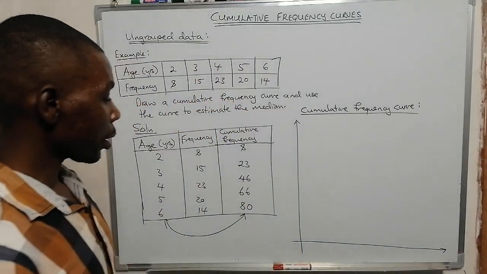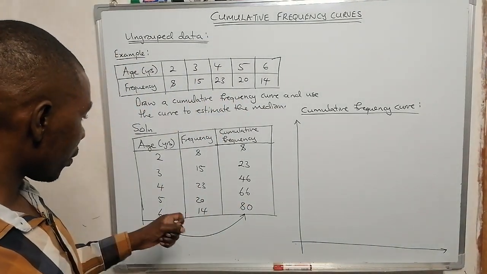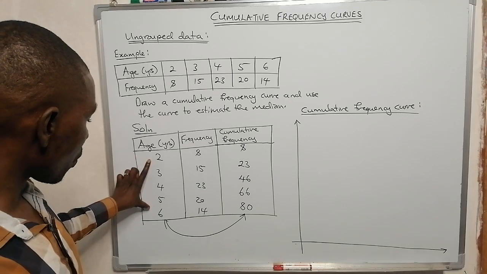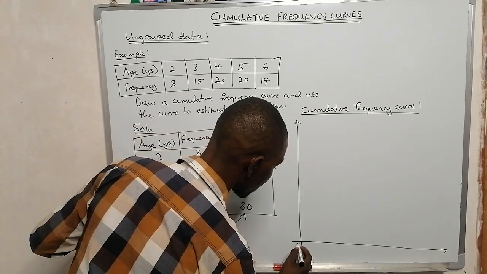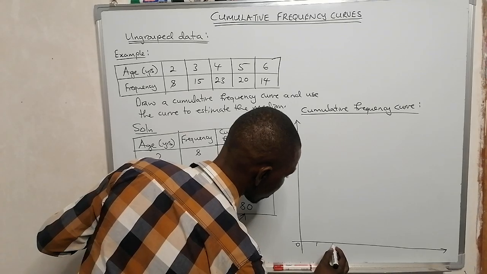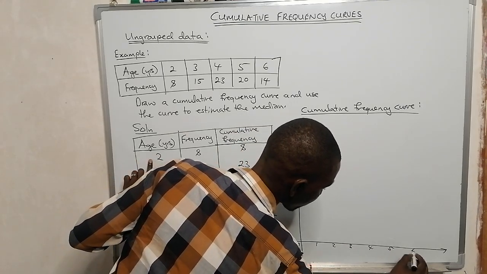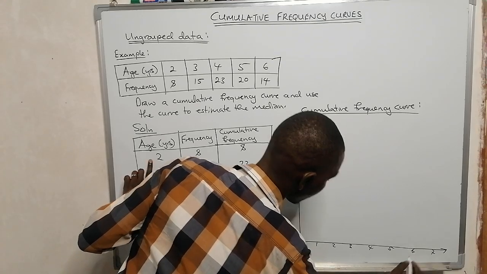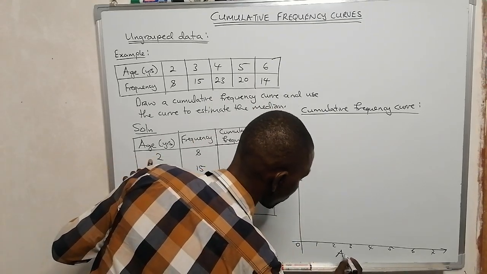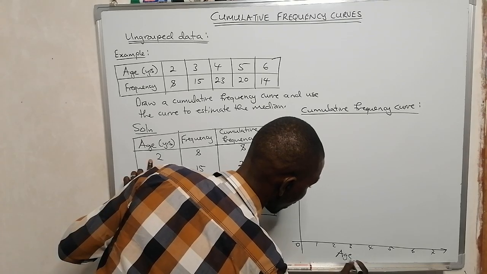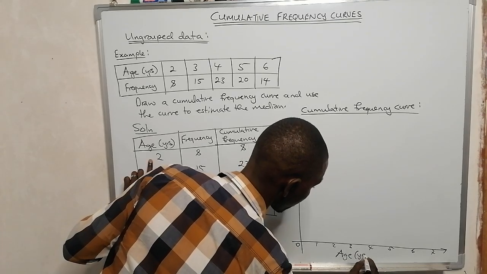On the horizontal axis, we can use 0, 1, 2, 3, 4, 5, up to 6. Then you write age. Don't forget to label your graph in years.